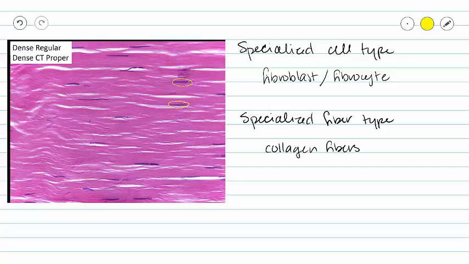This is our whole cell. It's not just a nucleus, and they are very dark purple. They're so dark purple that you cannot really see through them, and they are arranged in rows. So we've got lines of fibroblasts and fibrocytes. And our collagen fibers can be a little bit wavy, or they can be straight.